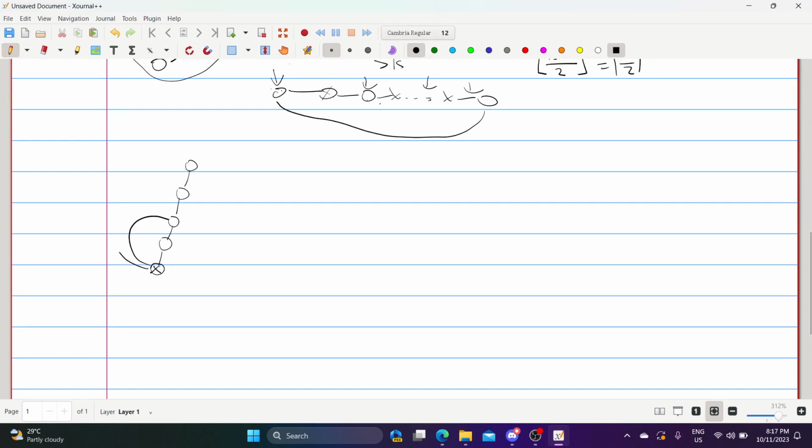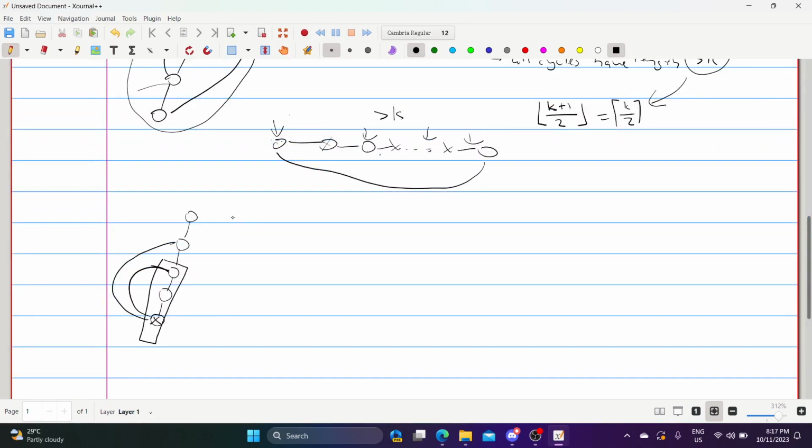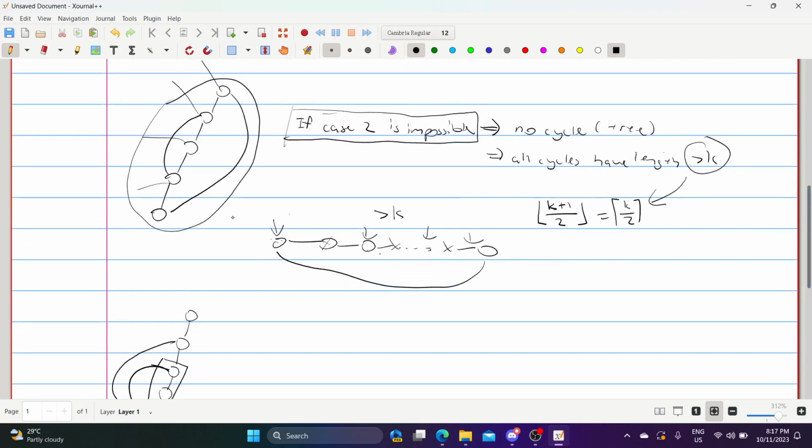Let's say this vertex has multiple back edges as well. We choose the lowest one, which gives the smallest possible cycle that we can make inside this DFS. Then we just need to check whether it's smaller than or equal to k. If it's smaller than or equal to k, then we solve case 2 already. Otherwise, if more than k, then we can solve case 1.